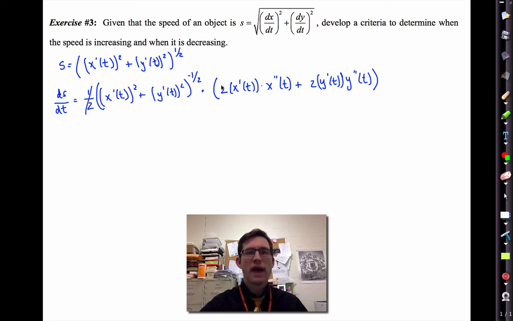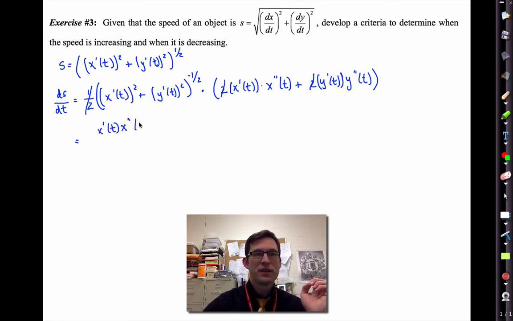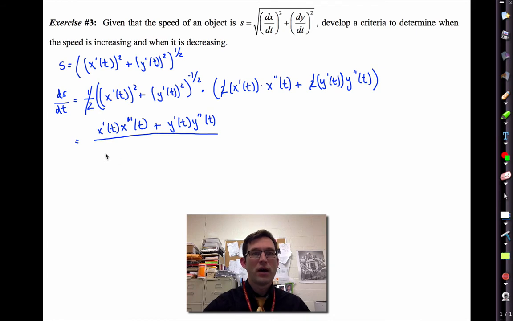I'm going to clean this up a bit. I'm going to take this 1/2, cancel all these, and rewrite it like this: x prime of t times x double prime of t plus y prime of t times y double prime of t, all divided by the square root of x prime squared plus y prime squared.